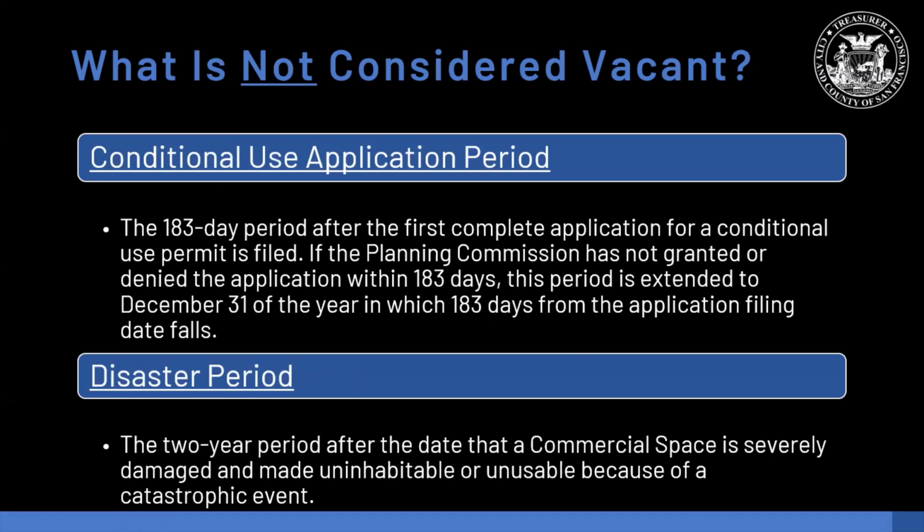If the Planning Commission has not granted or denied the application within 183 days, this period is extended to December 31 of that year. And finally, disaster period is the 2-year period after the date that a commercial space is severely damaged and made uninhabitable or unusable because of fire, natural disaster, or other catastrophic event.